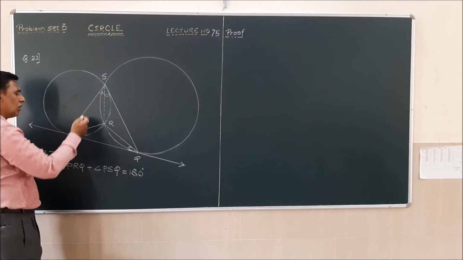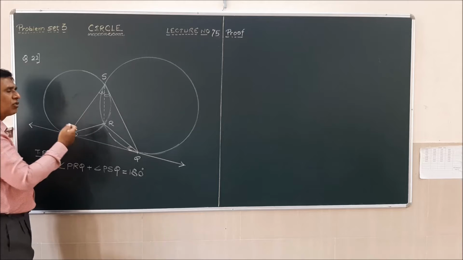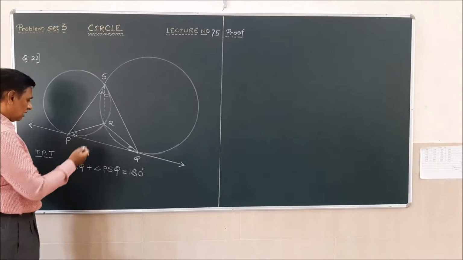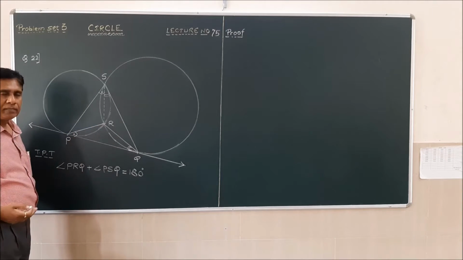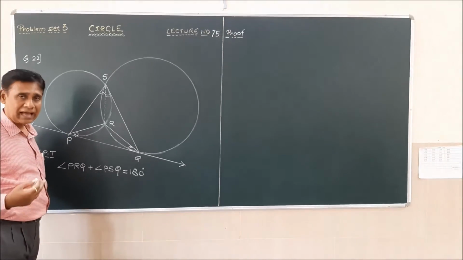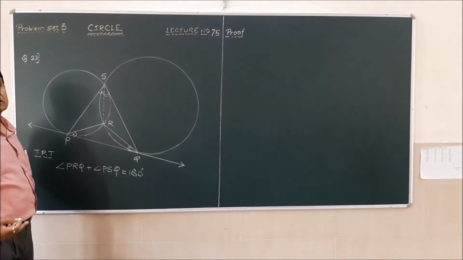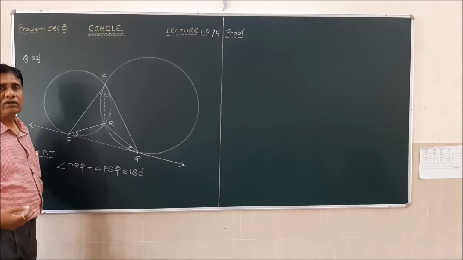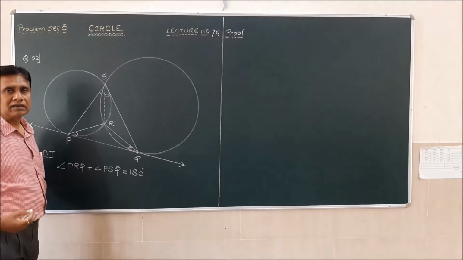You will find these two are congruent angles. The measure of each of them is half arc PR. Combining these two results, we call them angles in the alternate segments.